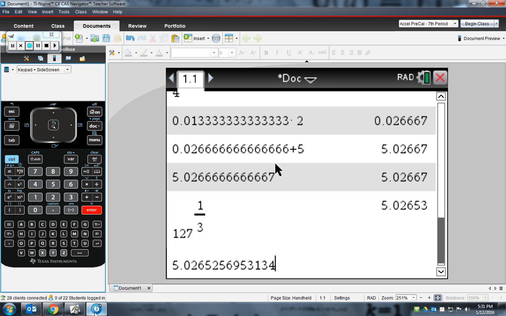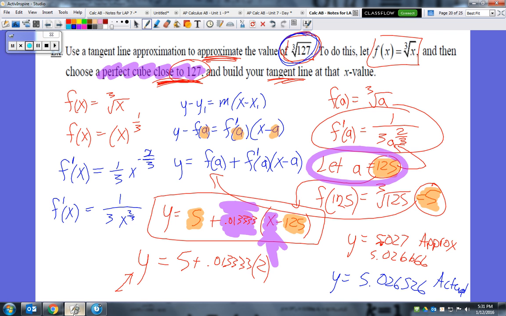So 5.026526. If I wanted to see how off we would be, the approximation in this case is going to be over, because this one is 0.26666 and this is 0.26526. So we'll say the approximation is under the exact by, and we could do it simply by subtracting.